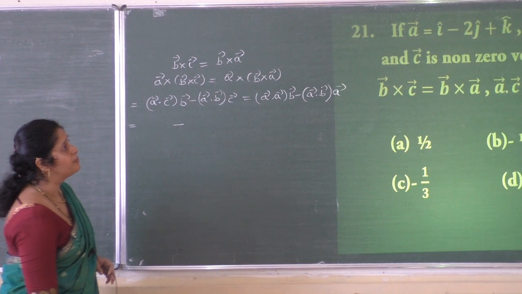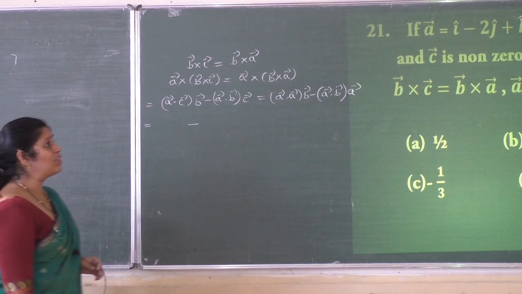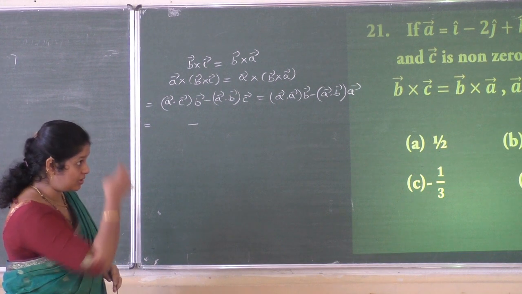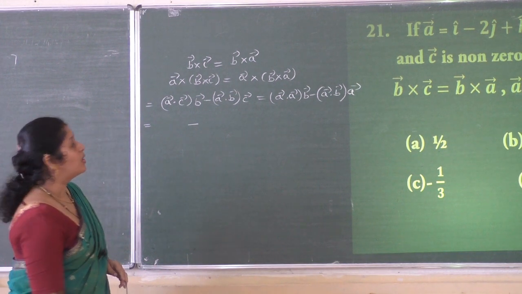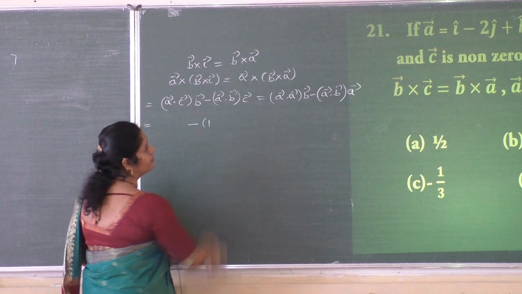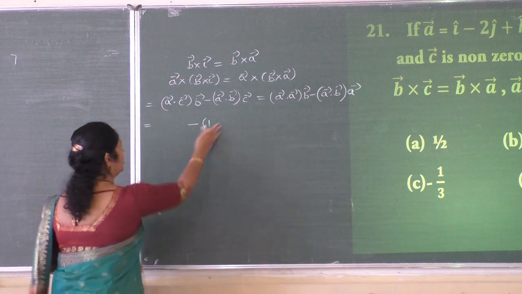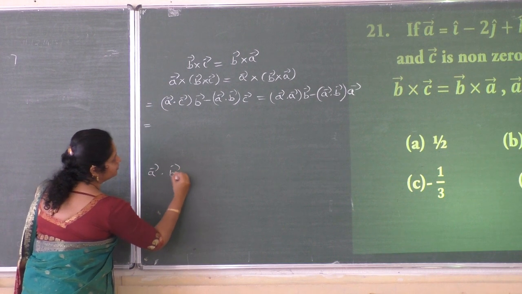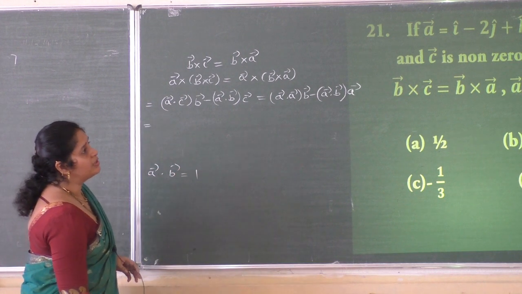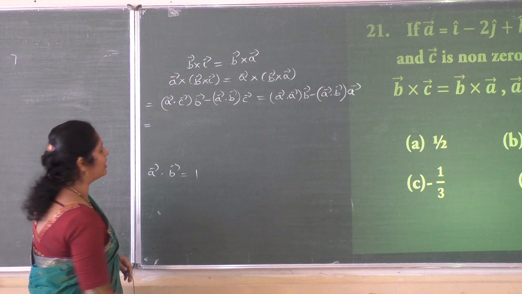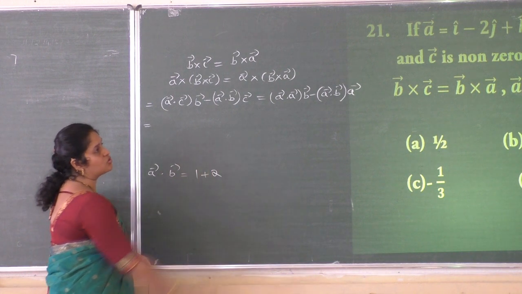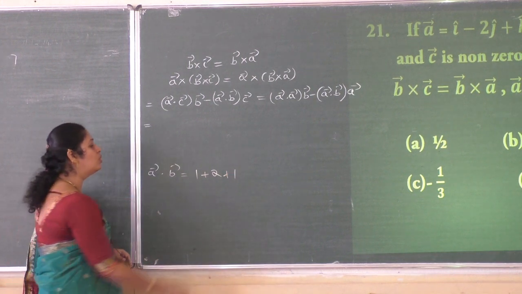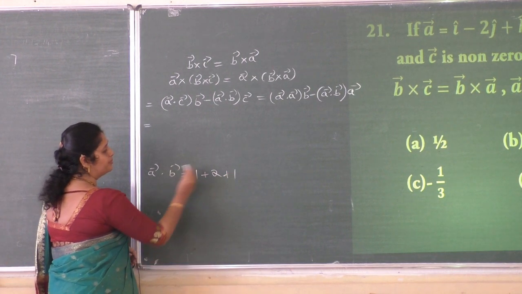That is not given, but you can calculate it by taking the dot product of those two vectors: 1 into 1 is 1, then minus 2 into minus 1 is plus 2, and 1 into 1 is 1, that is equal to 4.